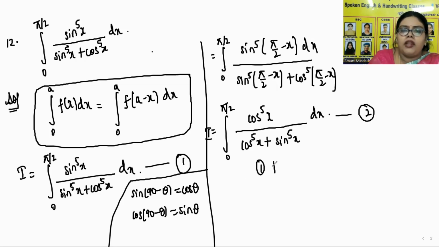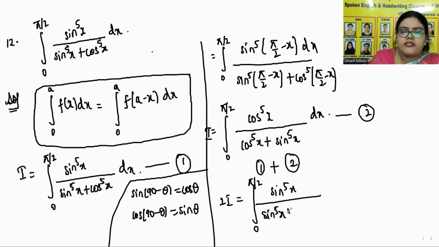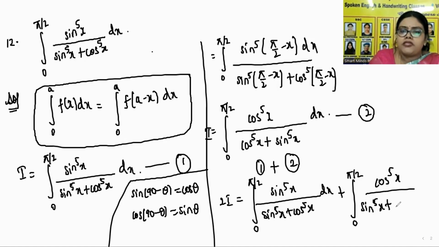Now if we add 1 and 2, I plus I will become 2I, and that is integral 0 to pi by 2 sine power 5x by sine power 5x plus cos power 5x dx plus integral 0 to pi by 2 cos power 5x by sine power 5x plus cos power 5x dx.